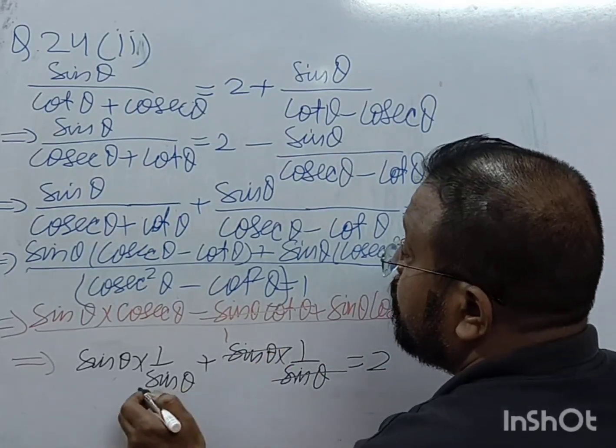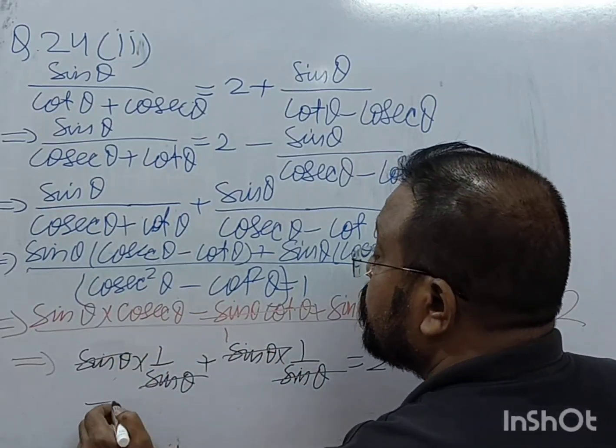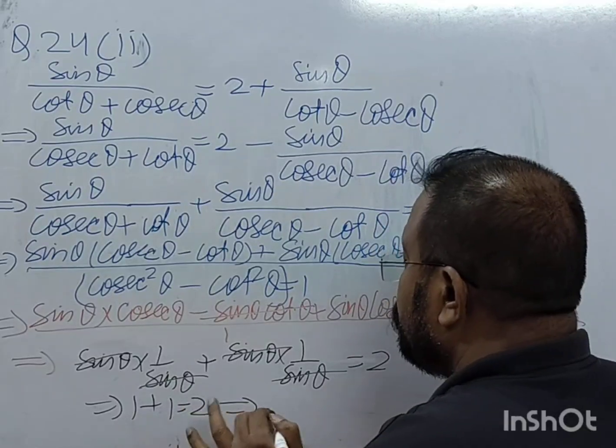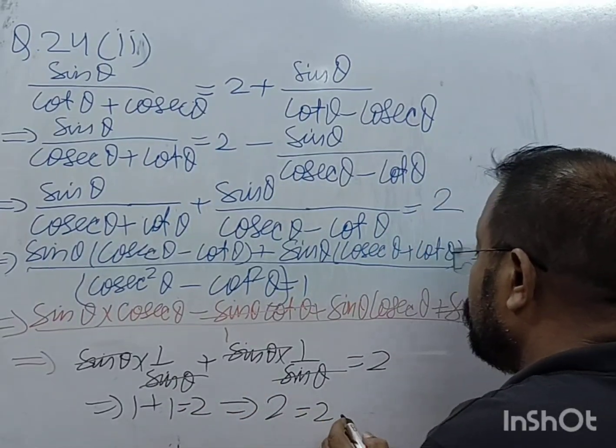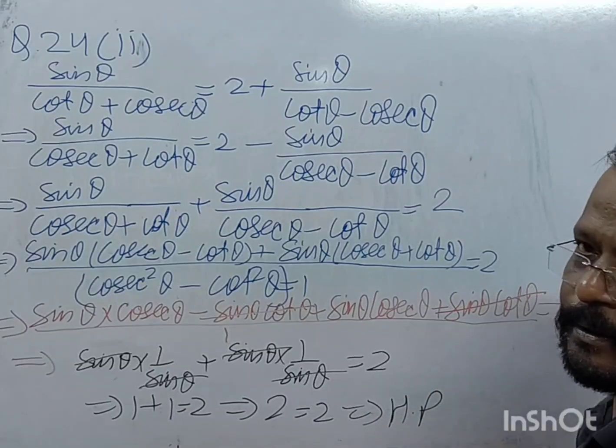This is cancelled, 1, and this is 1. So 1 plus 1 is equal to 2. So 2 is equal to 2. Hence proved. You get it?